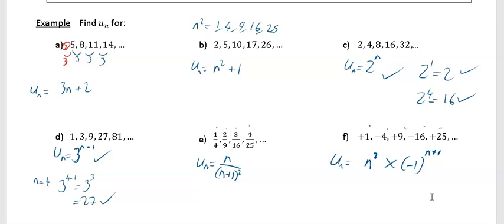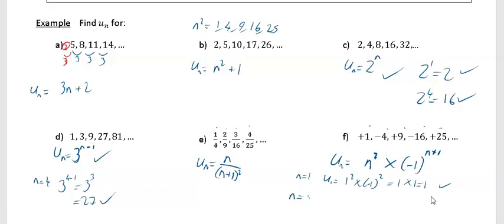Okay, let's just check that again. We'll just say when n is equal to 1, your u1 is equal to 1 squared times minus 1 to the power of 1 plus 1, which is 2, which is just 1 times 1, which is 1. So that works. Let's check another one. We'll check one of the even ones.